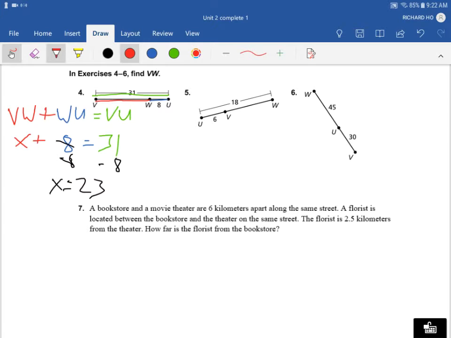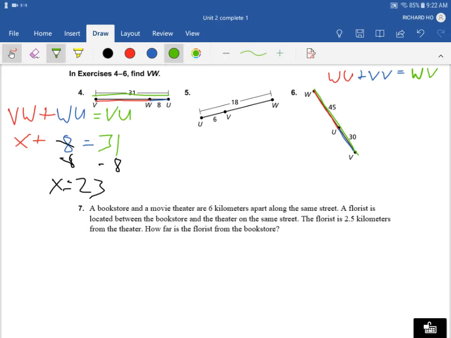Okay, so skip over to 6. You have WU is the red one, UV is the blue one, and then WV is the green one. So set this up with the equation first. WU is the red one, UV is the blue one, and then VW is the green one.